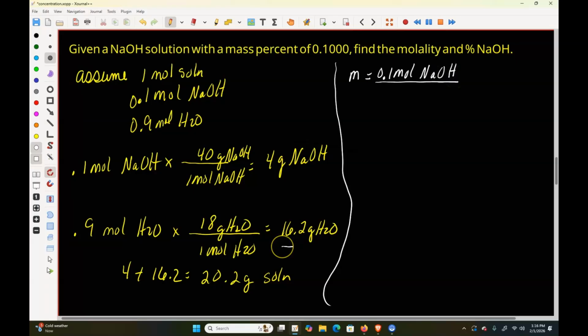I have 16.2 grams of water. If I move the decimal 1, 2, 3 places over, that would give me 0.0162 kilograms of water. That would mean then that I have a 6.17 molar sodium hydroxide solution.